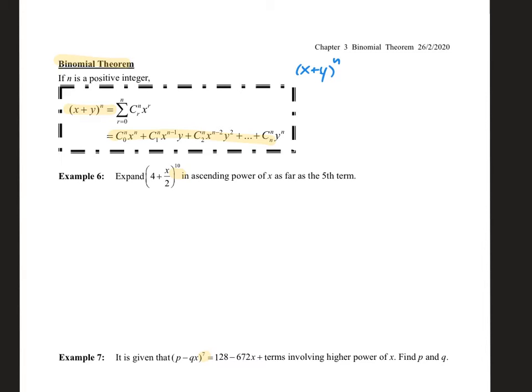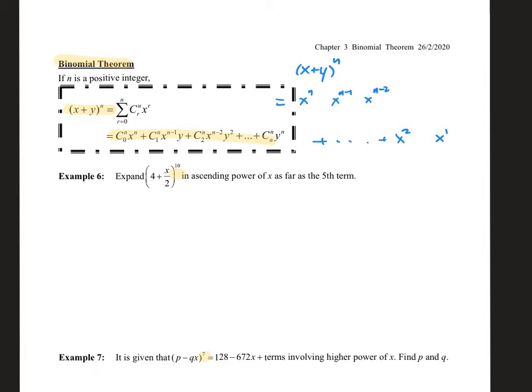Once again, if you expand x plus y to the power n, the general idea is more or less the same. You first write x from power n, power n minus 1, power n minus 2, until power 2, power 1, and no power.